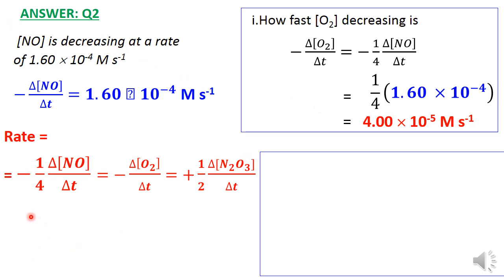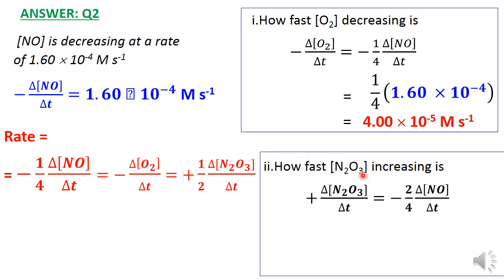To find the rate for the increasing of N2O3, we find the relationship between the rate for the increasing of N2O3 and the decreasing of NO. So here you can place the two up there so that we can relate the two.